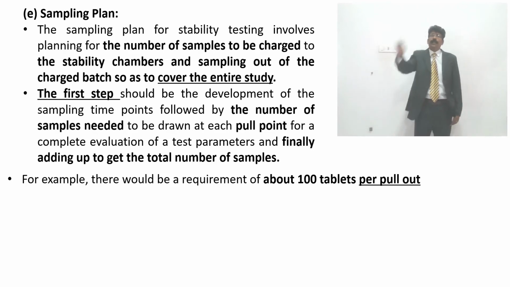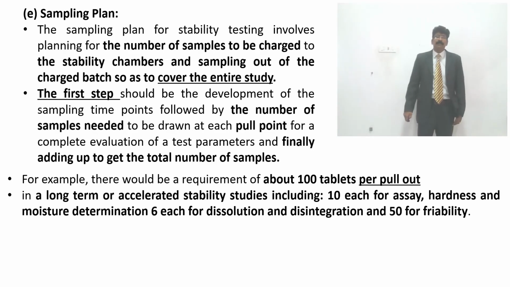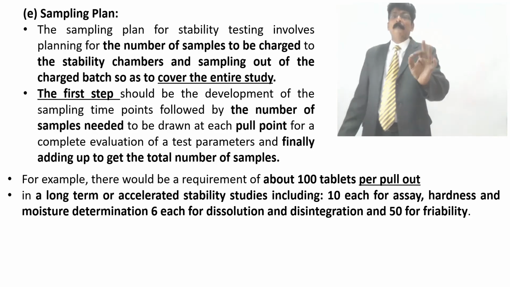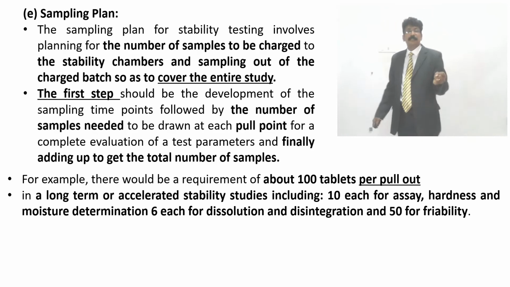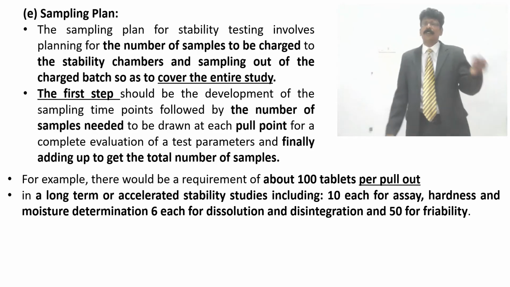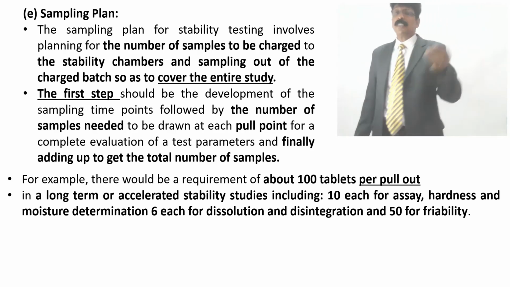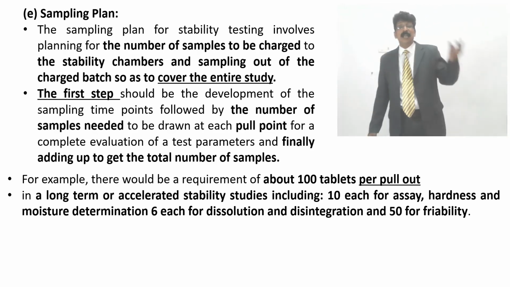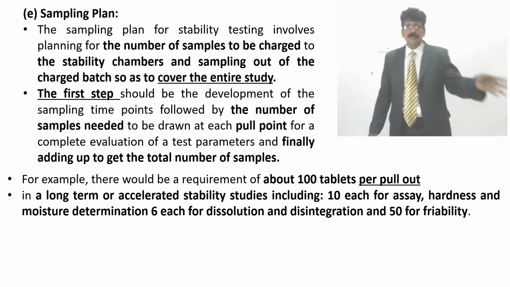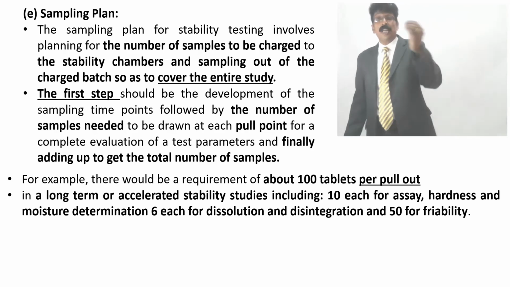You want to take 100 tablets according to the batch size. In long term or accelerated stability studies, for example, we are taking tablets. So you are taking 10 tablets each for assay, hardness, moisture content. You are also doing assay and other tests, but here we have made only assay, hardness and moisture. You take 10 each, 30. It is 10 each, meaning for assay 10, hardness 10 and moisture content 10. So 30 it came. And 6 tablets for dissolution and for each dissolution and disintegration test.